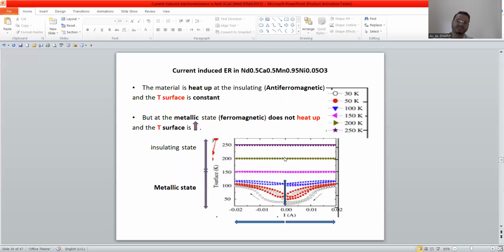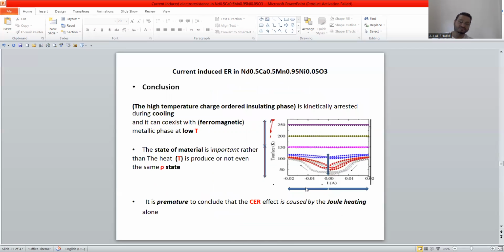Here, the material heated up in the isolating antiferromagnetic state, like I said before, and the T surface is constant. But in the metallic, ferromagnetic state, it doesn't stay constant and the T surface is increasing at less than 150, as the current increases from 0 to 20 milliampere.